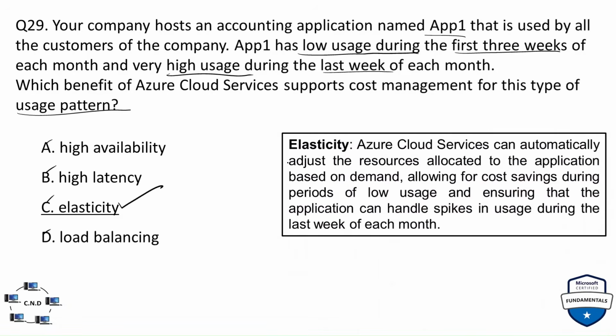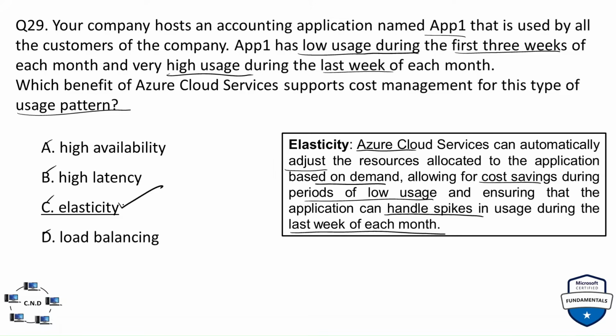So what is elasticity? Azure cloud services can automatically adjust the resources allocated to the application based on demand, allowing for cost savings during periods of low usage and ensuring that the application can handle spikes in usage during the last week of each month.